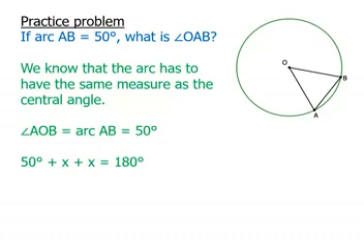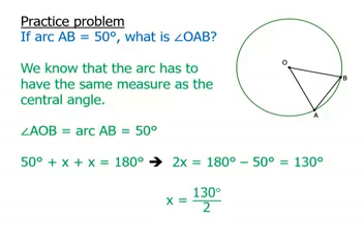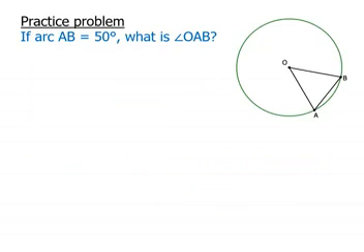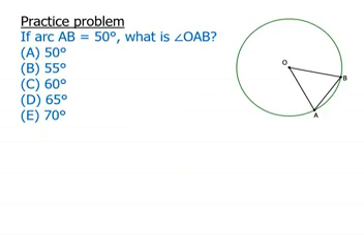And we know it's an isosceles triangle, so we don't know the angle at A or B, but we know they have to be equal, so we'll call that x. So 50 plus 2x has to equal 180. Or in other words, 2x equals 130. X equals 130 divided by 2, which is 65. And so that's the measure of both the angle at A and the angle at B. We want the angle at A, so that's answer choice D.